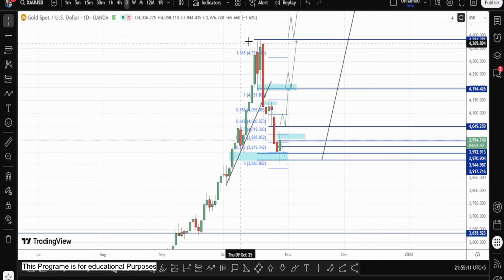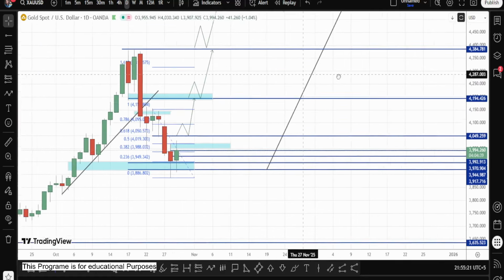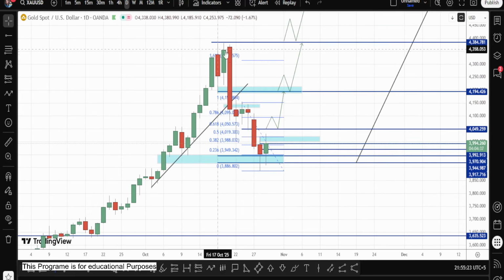I said that the market potentially can drop from up there till right here, 40 approximately, and right now the market obviously dropped. So there is one thing, personally I was not looking for a sell, because on the gold US dollar my strategy usually recommends, in such situations, since we have a break of structure, that I keep looking for buys.